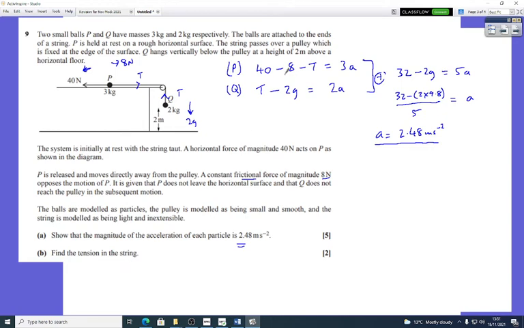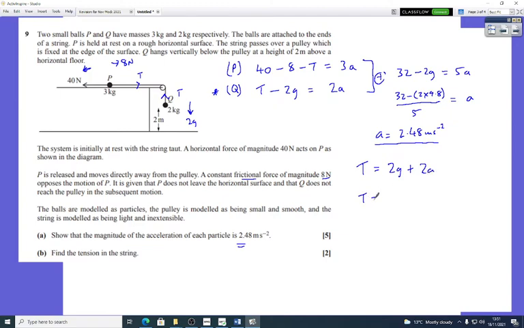Find the tension in the string. I'm just going to use this one because the tension is the same. So the tension is going to be T. Now this is minus 2G, so I'm going to take it to the side, so that's going to be plus 2G plus 2A.